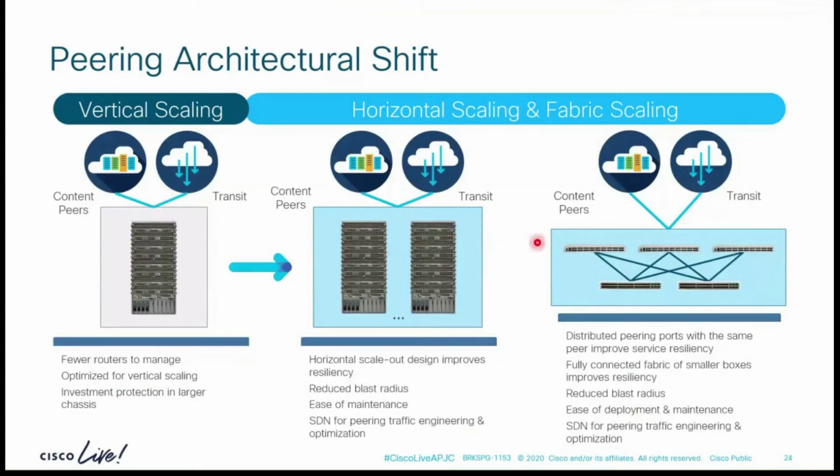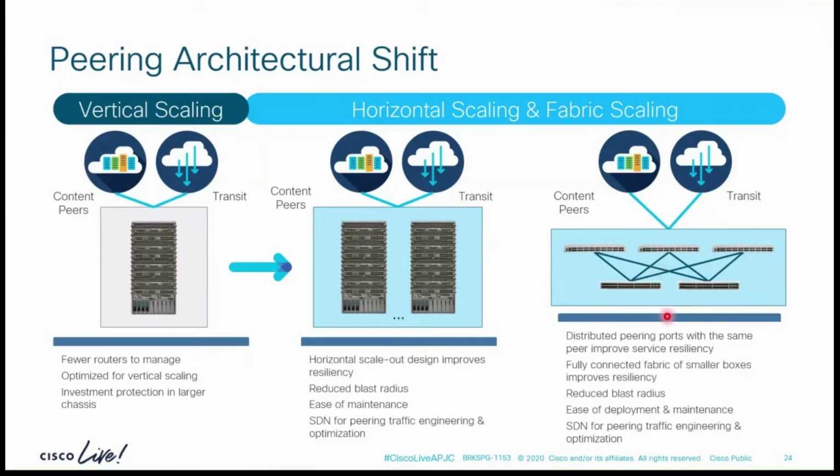And the latest architecture is we can start with the spine and leaf architecture. Then we can start using a compact platform, even like 1 or 2 RU, and we build with the spine and leaf topology architecture. This distributed model has a lot of benefits in terms of the cost, in terms of the scalability, and in terms of the performance.